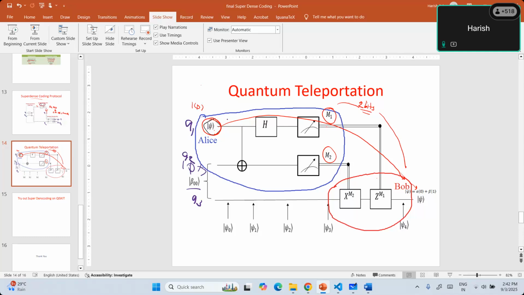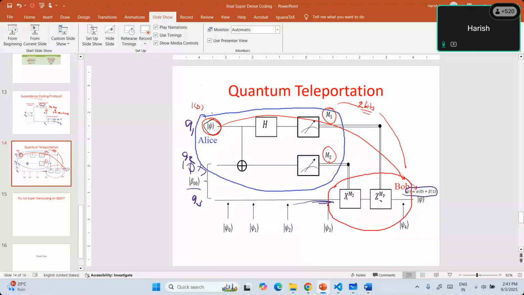Alice does these operations and this measurement on her qubits and sends M1 M2 to Bob, and Bob applies the X and Z gates on his qubit depending upon the values of M1 and M2. Suppose M1 and M2 are 1 1, then X and Z gates are applied, and on application of these gates Bob has the same state psi which was initially with Alice.